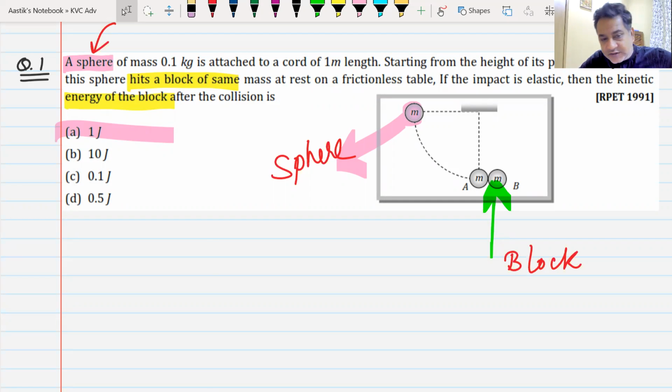Remember, we are only trying to do those questions which are more likely to come in the exam. I can make almost infinite number of questions on collisions. We cannot keep on solving questions on collision. We're only going to concentrate on what type of questions are coming in the exam these days and more likely to come.